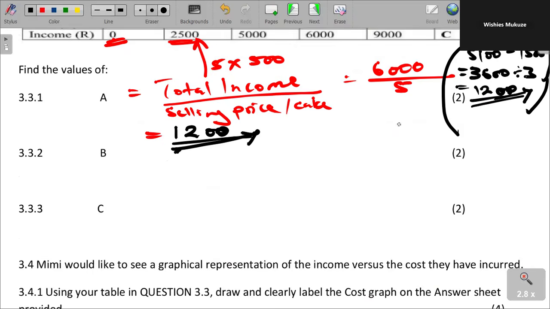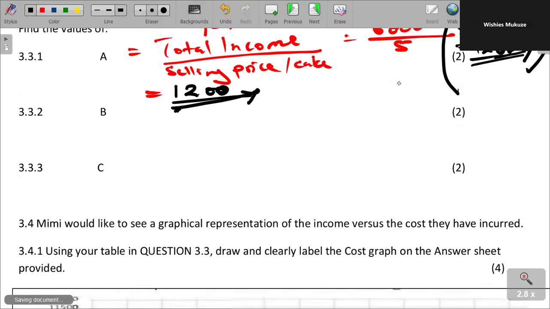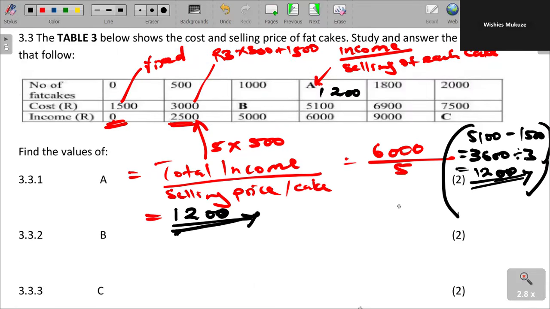So we want to work on question B. Calculate B. B is the cost, and I have shown you the formula for calculating cost.